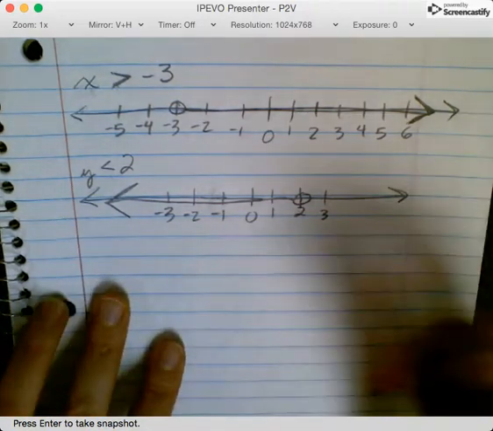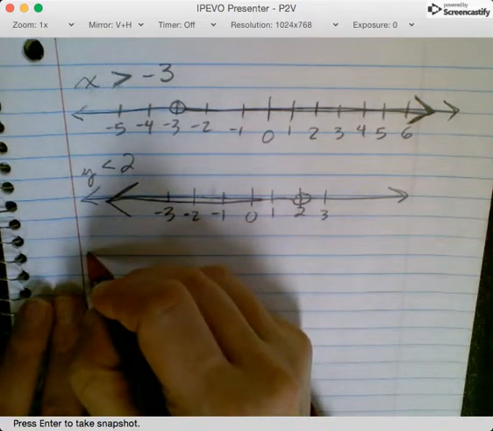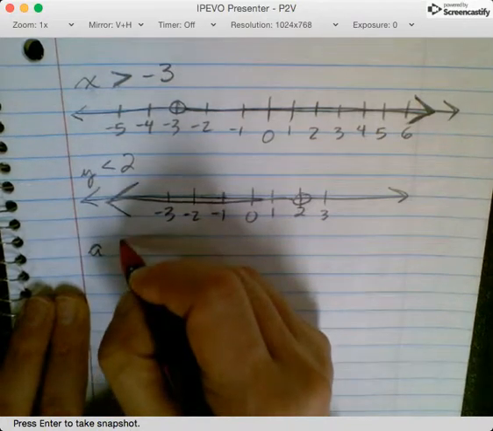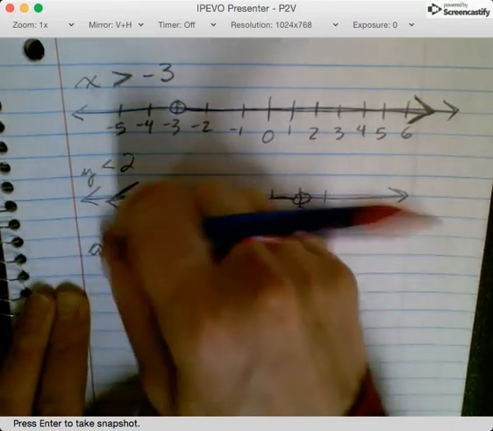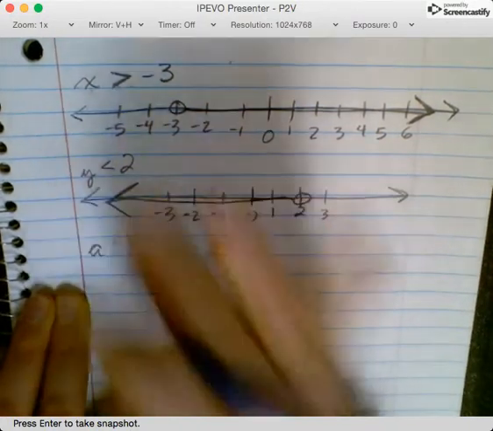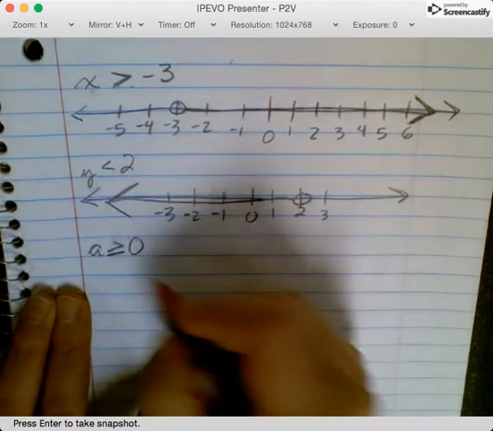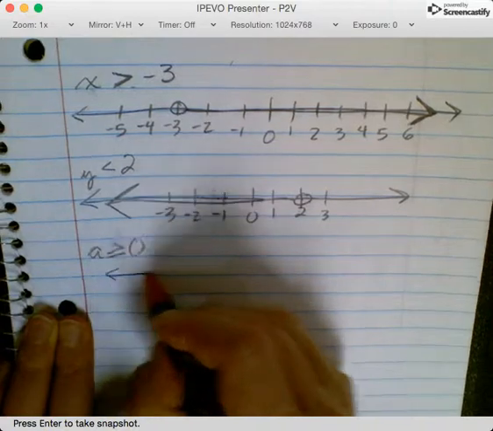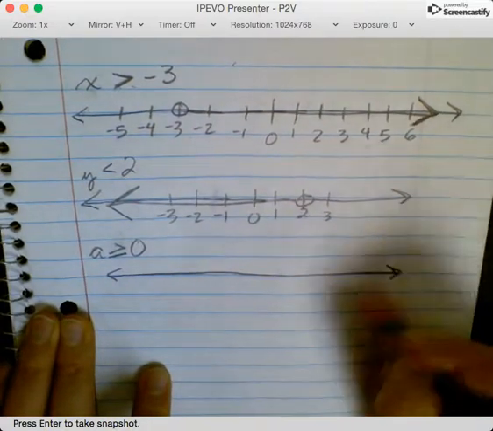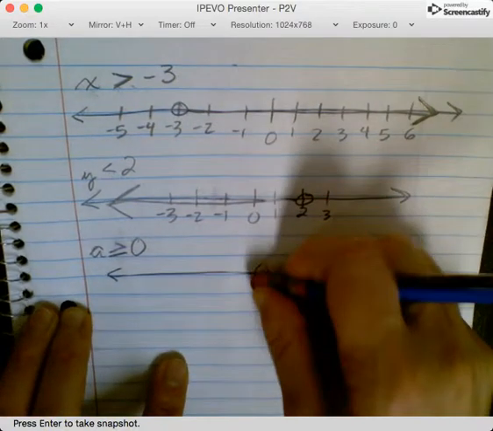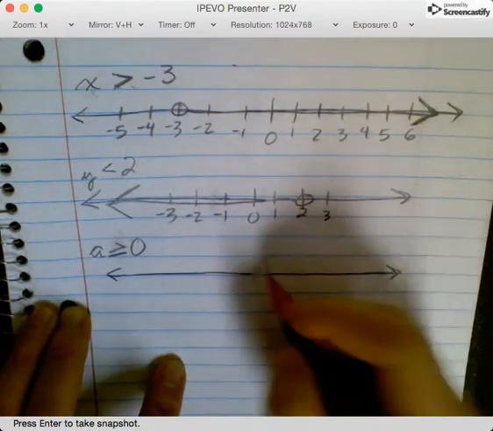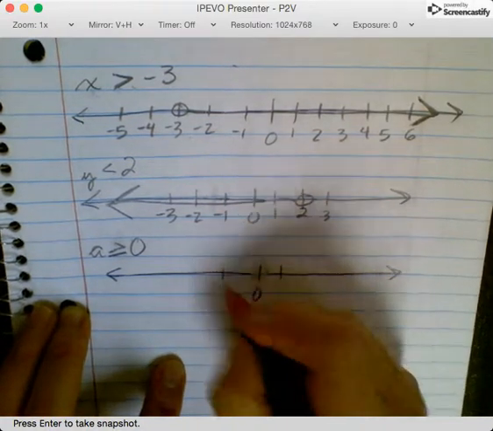Okay. Let's do this one. This one is going to have the actual symbol underneath it. So a is greater than or equal to 0. So let's start out with my number line.